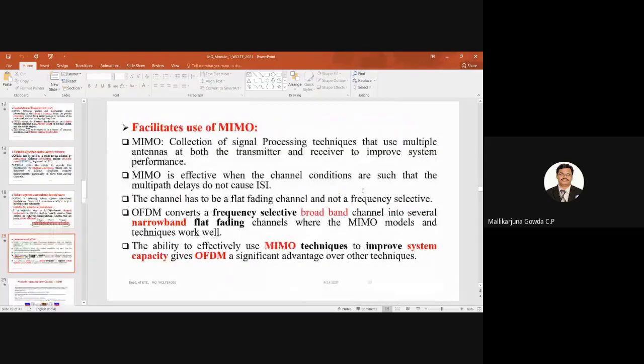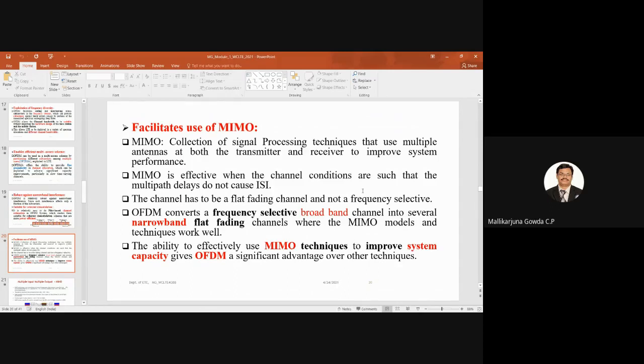Then the next advantage of the use of OFDM is that it facilitates the use of MIMO, multiple input, multiple output systems. MIMO is basically a signal processing technique which uses multiple antennas at both the transmitter side and receiver side to improve the system performance.